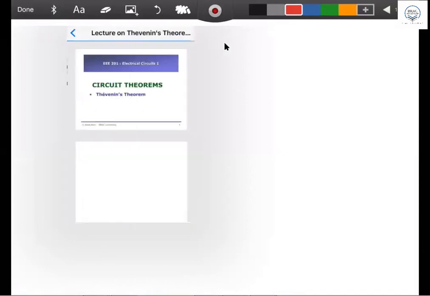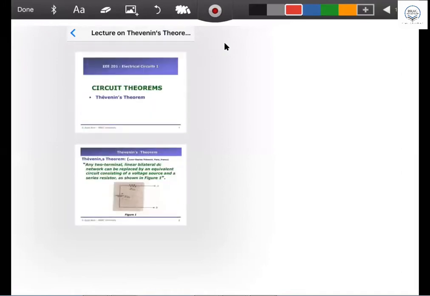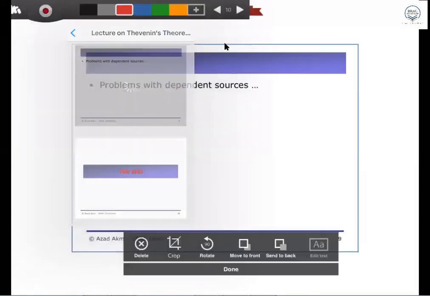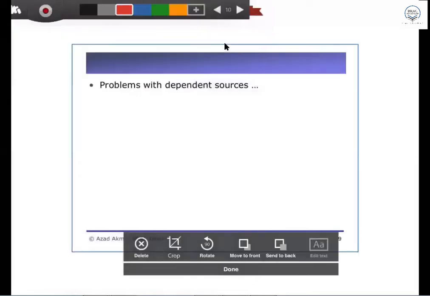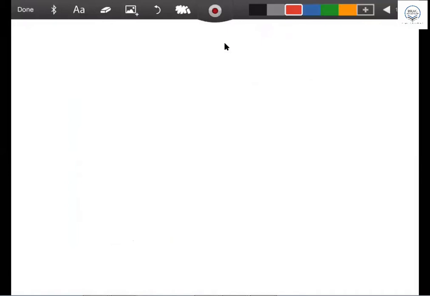Can you see the slide? We didn't complete it last class. If you see, there is a section, problems with dependent source. That is the remaining part, and that is what I'm going to do now.